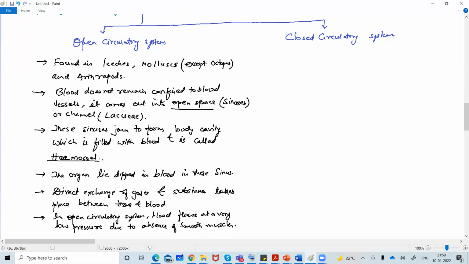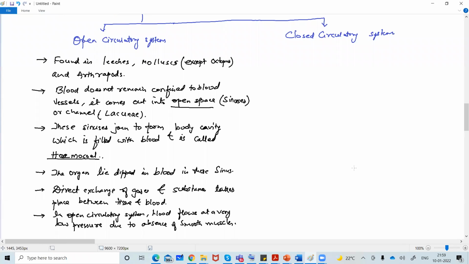Now, when we say blood vessels, that means blood cells are there. So do you think in the open circulatory system there are any blood cells? No, they only come in the closed circulatory system, right? So there is no RBC or WBC.